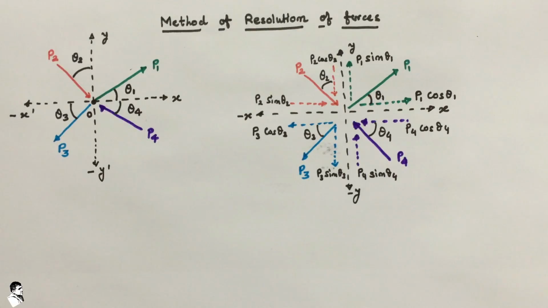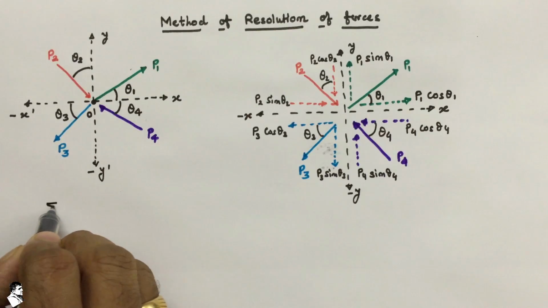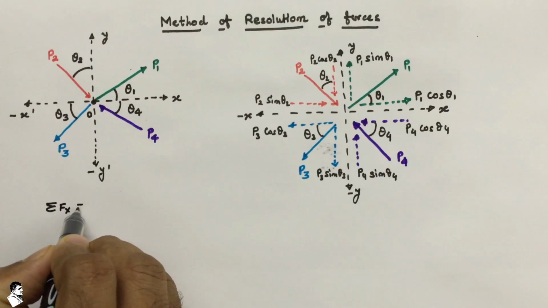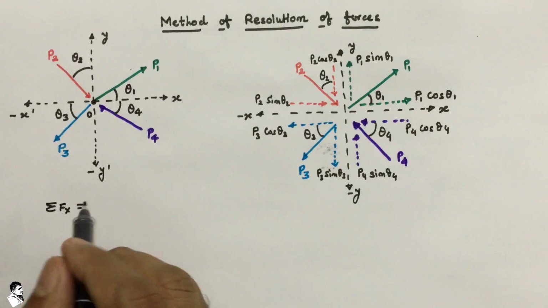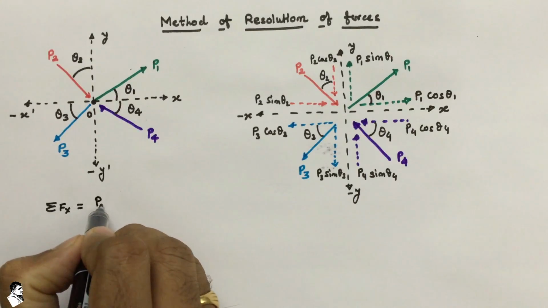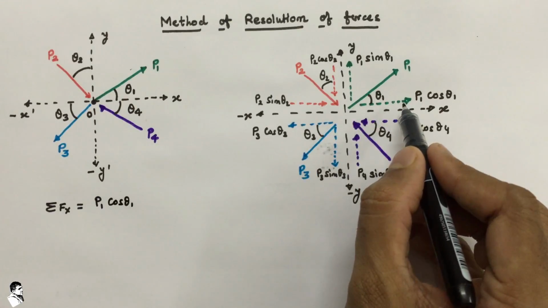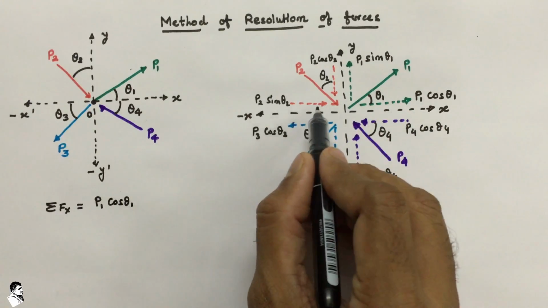If we start with the summation of the forces, we write sigma Fx, the summation of the forces along the x-axis: first P1 cos theta 1, and second P2 sin theta 2.